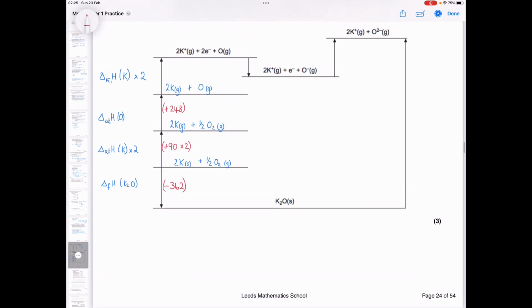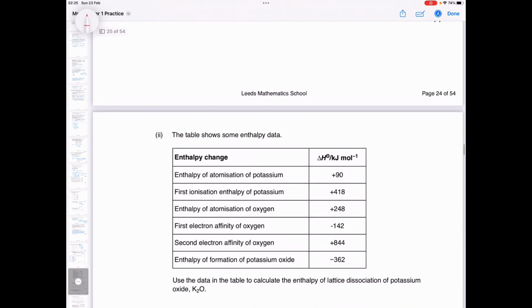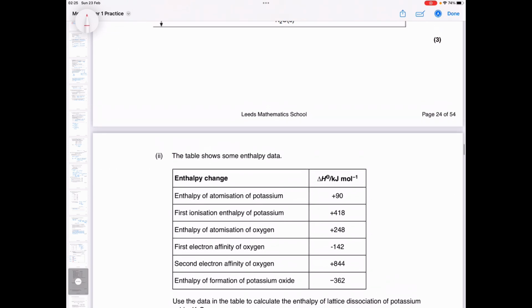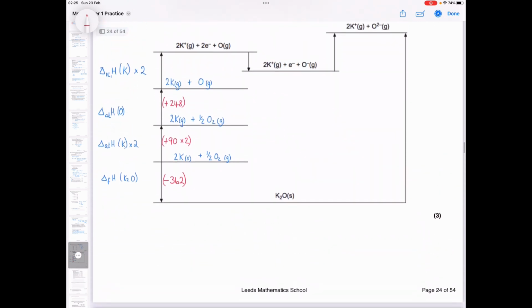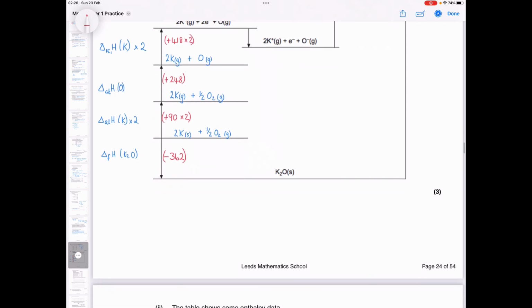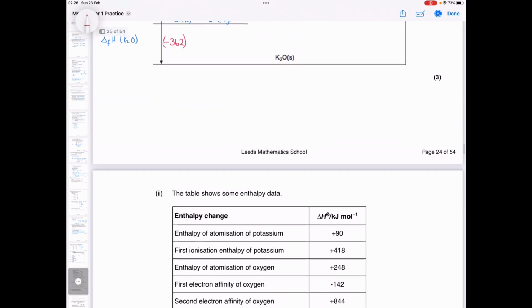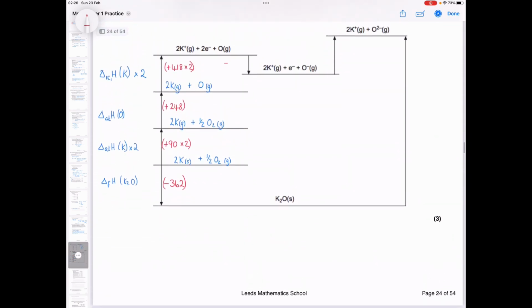And then we've got the first ionisation energy of potassium, and we've got 2 of those, it's plus 418. And we need 2 of those. And then the next one is the first electron affinity of oxygen, which is minus 142. And we just need 1 of those. So it's 1 oxygen going to an O minus.